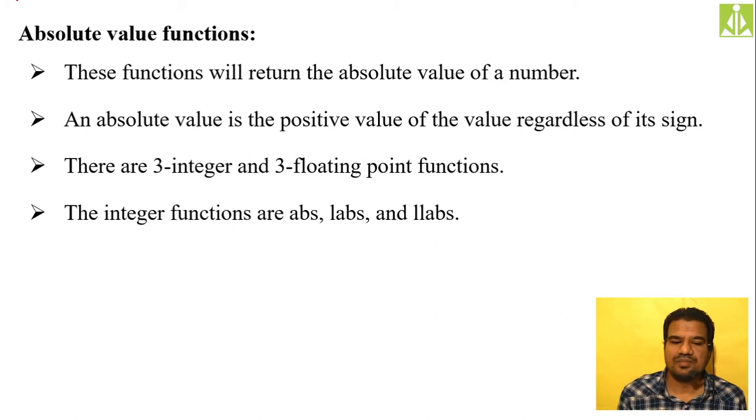These functions return the absolute value of a number. Even if you pass a positive or a negative value, irrespective of its sign, you always get a positive value. We have three integer functions and three floating point functions to find absolute values.